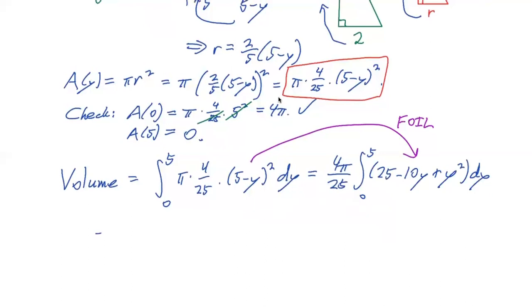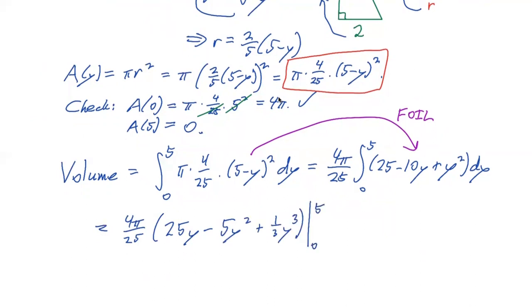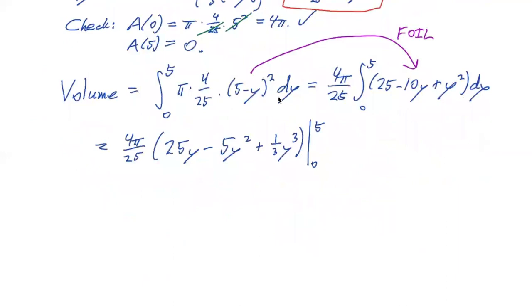And so now we can integrate. This isn't too bad. So we get 25y, minus 5y squared, plus 1/3 y cubed, from 0 to 5. Again, that's not too bad. You plug in the 5s.